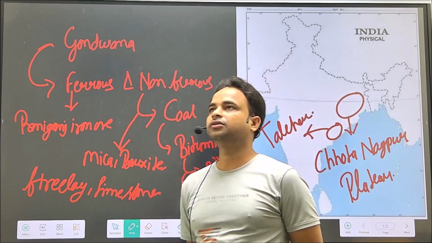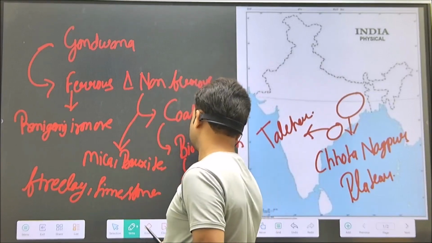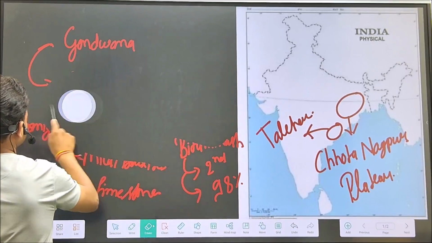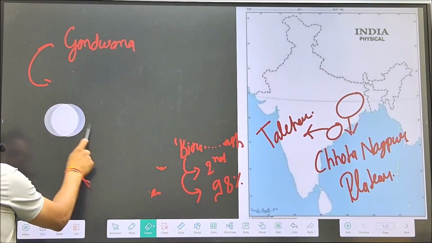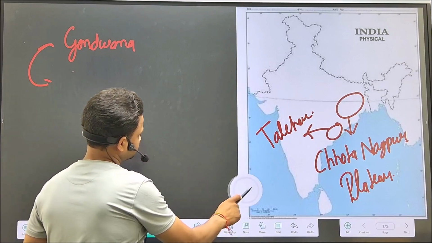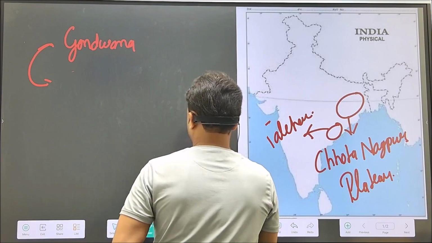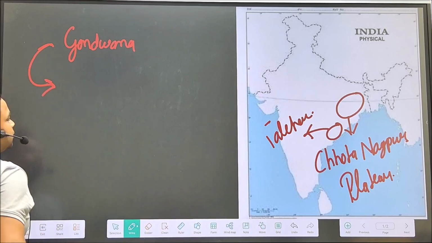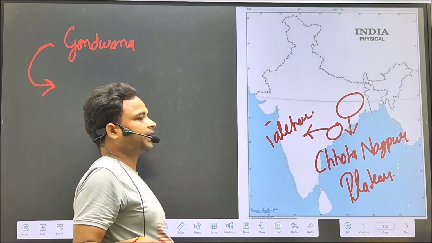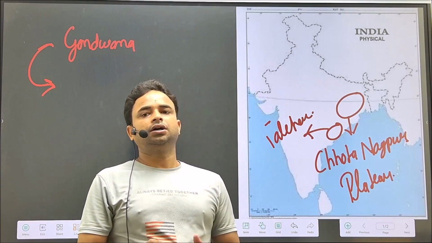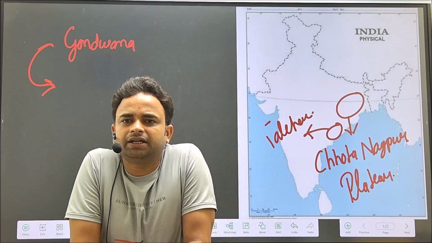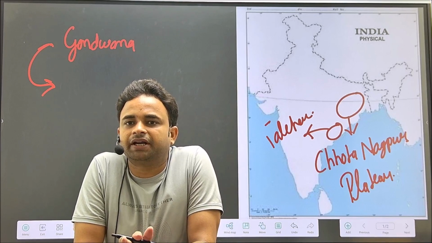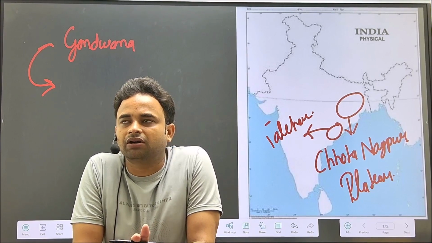Now we will see fossils of Gondwana rock. In Gondwana rock you can find invertebrate fossils, and invertebrate fossils are dominating in Gondwana rock.